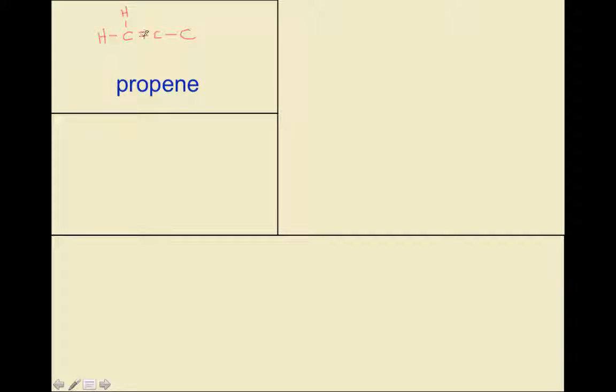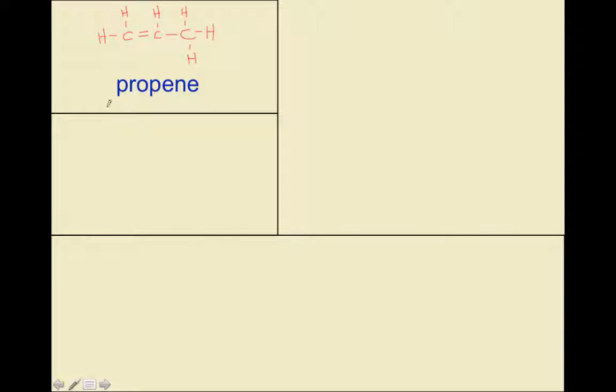This is a double bond, so 4 dashes around it. This carbon's only going to have 1 hydrogen because this carbon has 2, 4, 6, 8 electrons around it, or 4 dashes. And this end one will have 3 carbons. Now, I could have put the double bond there.